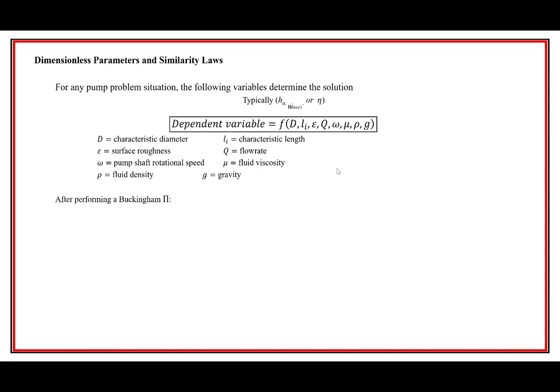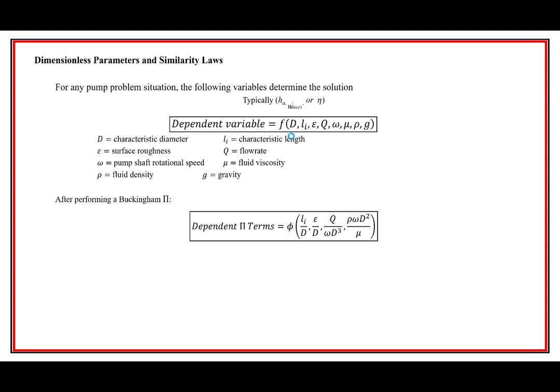So if you do a Buckingham pi on these main variables up here, the head, the power, and the efficiency, you end up finding that you have these dependent pi terms. Actually, before we get to that, here would be the dependent pi terms. And the results of doing these main ones up above, the head, power, and efficiency, we have names for them, right?